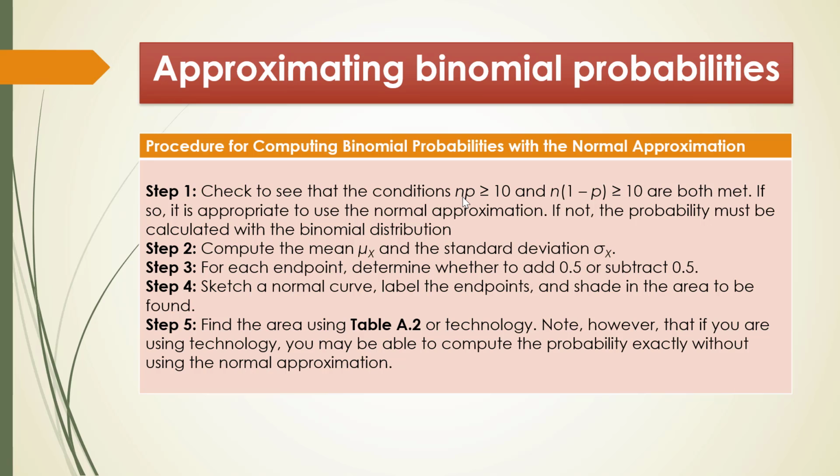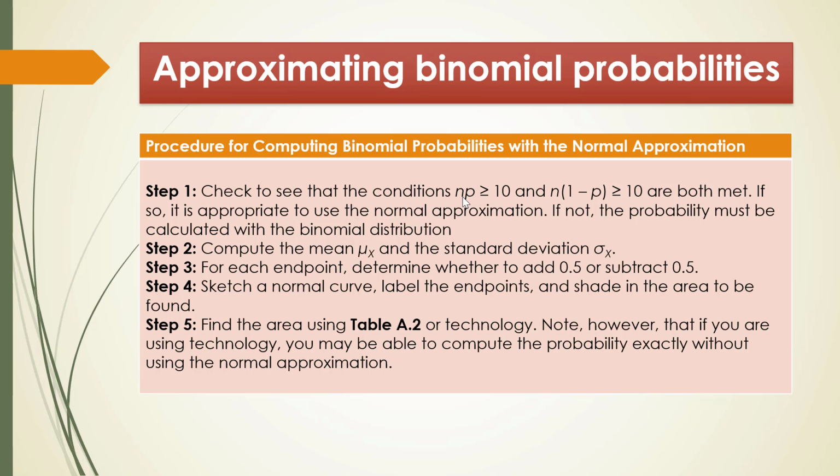Step 2, once the 2 conditions in step 1 are both met, we can compute the mean and the standard deviation of variable x. Then step 3, we use continuity correction. That means we have to determine whether to add 0.5 or subtract 0.5. Step 4, we sketch a normal curve, label the endpoints, and shade in the area to be found.